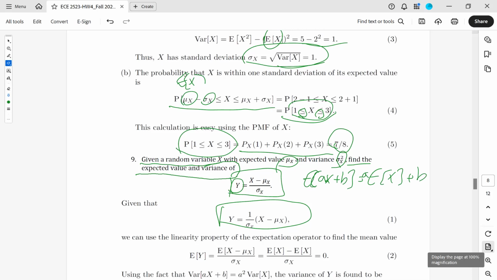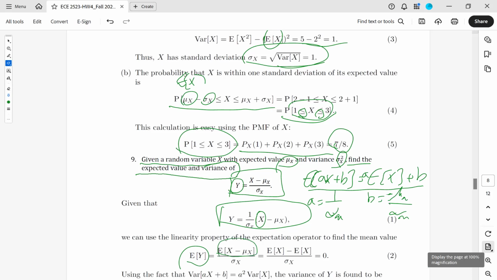Remember that? Now here, a is 1 over sigma x, and b is minus mu x over sigma x. Is that clear? So now we use this formula and calculate the expected value of y.